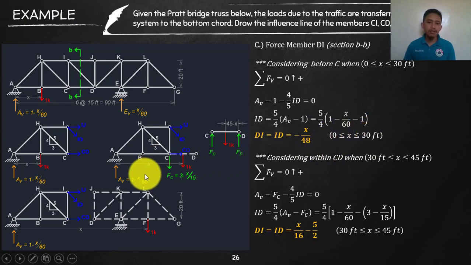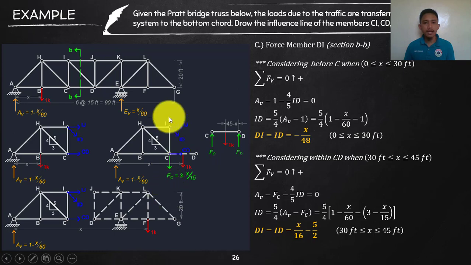And then moving on, when the load is within your CD, where the section is passing through. Okay, so again, that is 30 to 45. Of course, we need first to calculate FC. Since it so happened that we are still on the same scenario as a while ago, the reaction FC is the same as what we calculated. Okay, so now we will carry that FC.